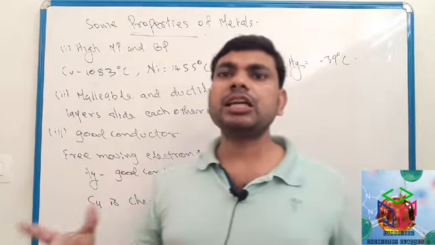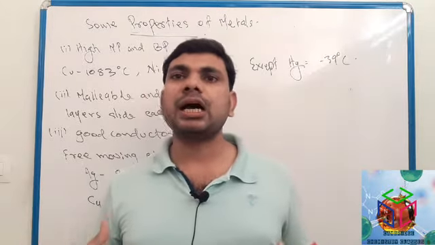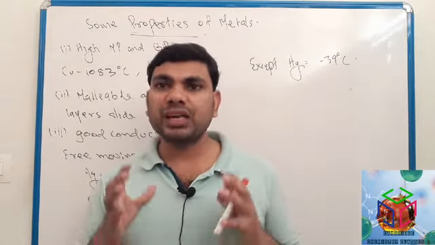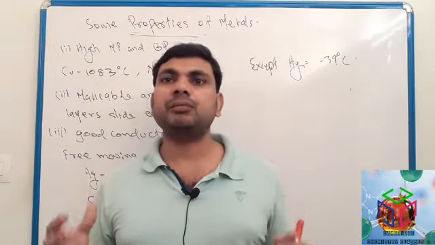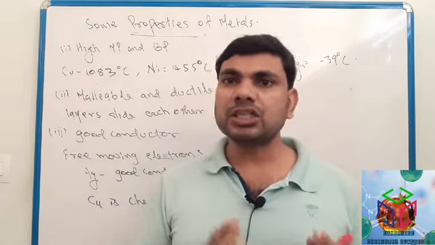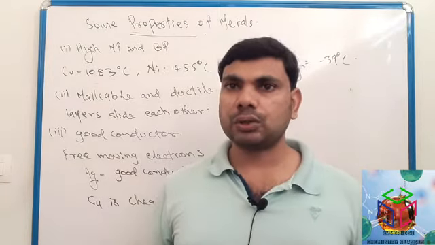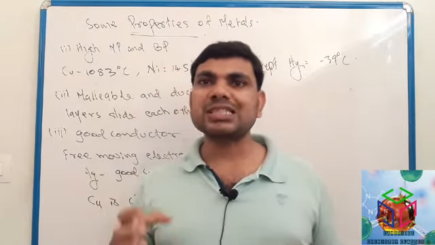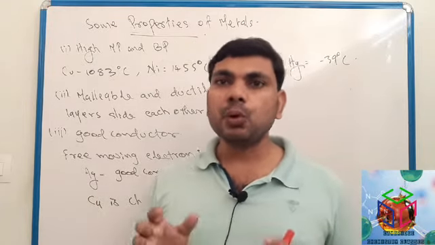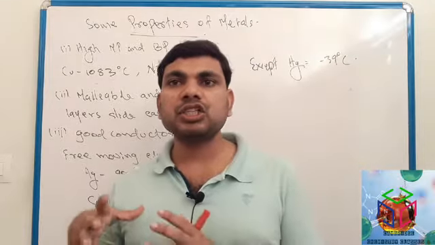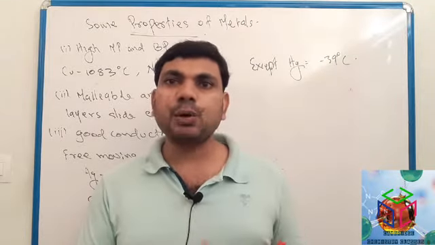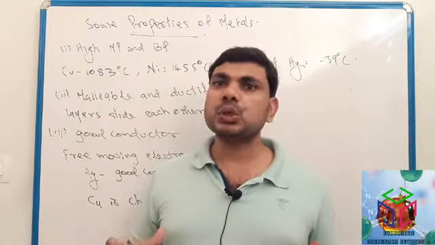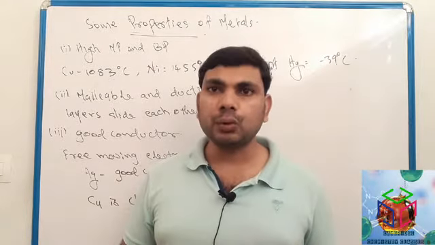So generally metals show very high melting and boiling points, because metals consist of a very strong force of attraction between positively charged metal ions and free moving electrons. We can say a strong electrostatic force of attraction. To break this bond, it needs very high energy. That's why generally metals show very high melting and boiling points.